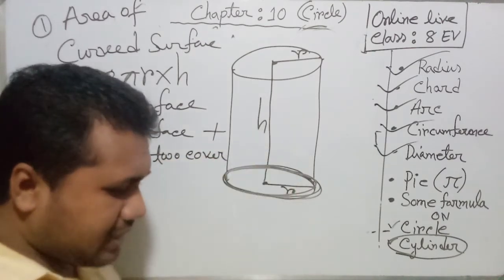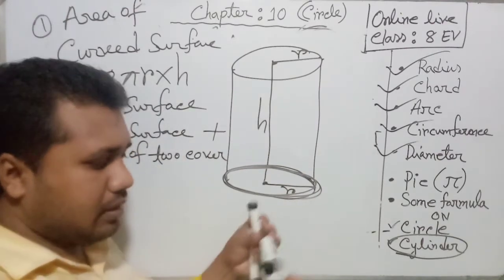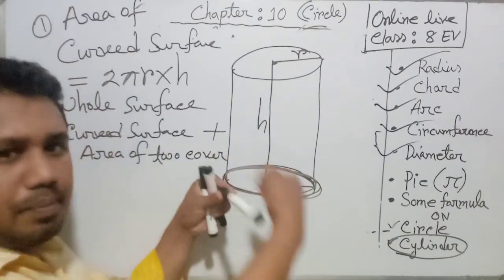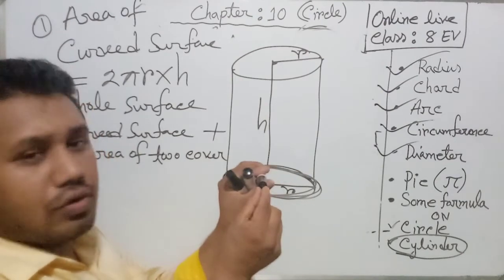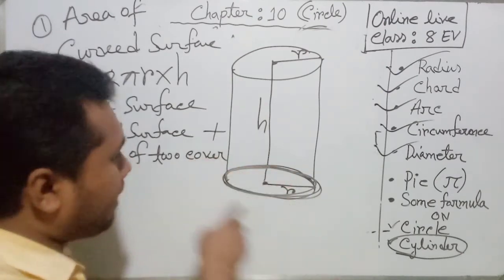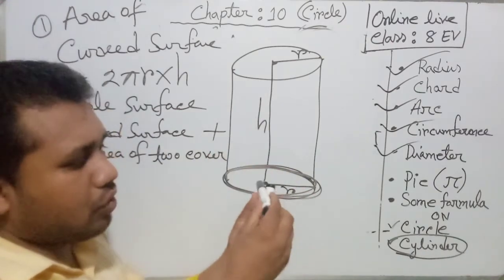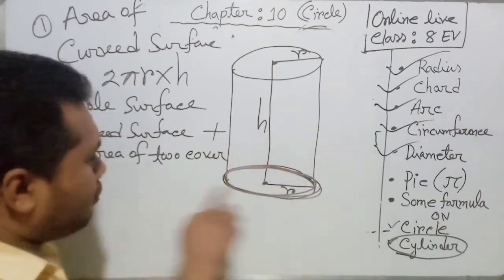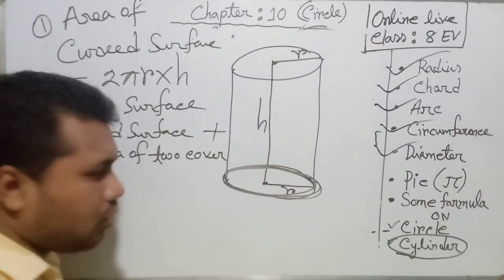Look, curved surface means only the outer part. This is called curved surface, and this one is open and this one is open, suppose. But whole surface means this one and also the cover on this one and the cover on this one. So area of two covers. Totally this is called whole surface.